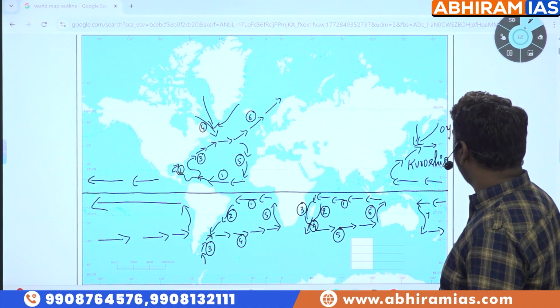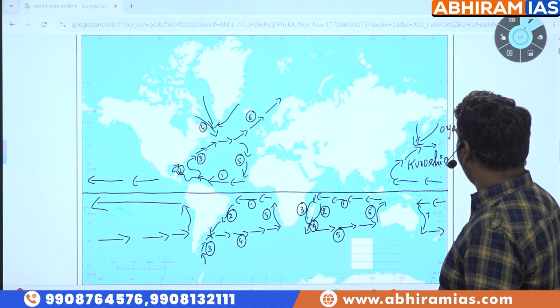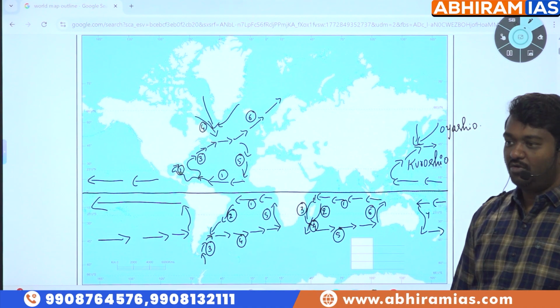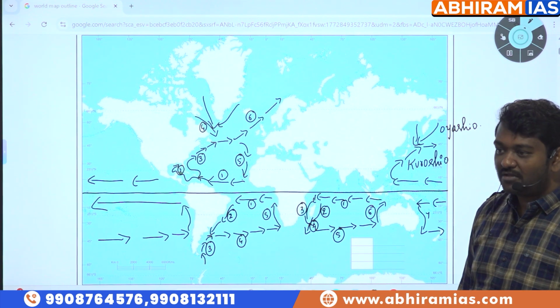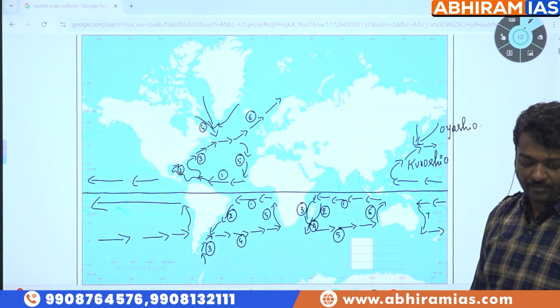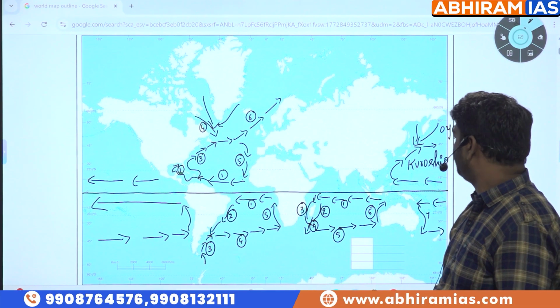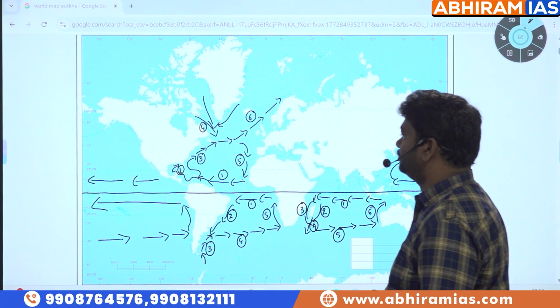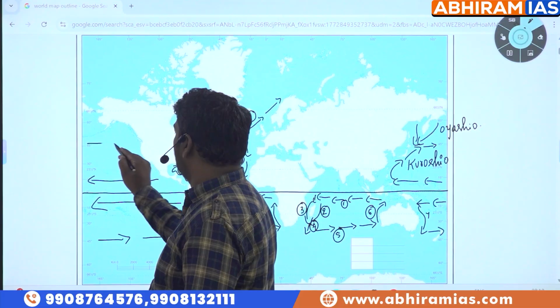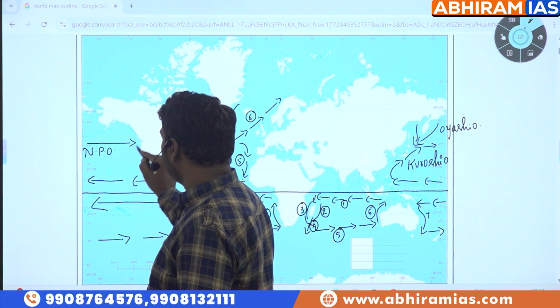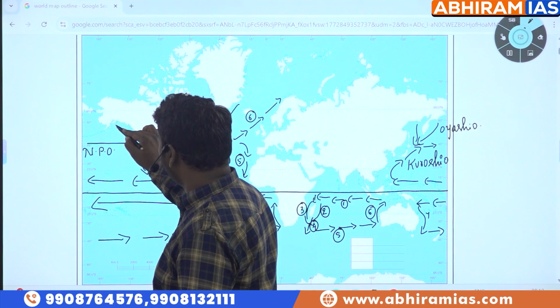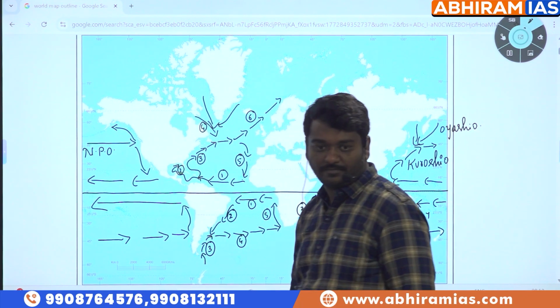What is this called? Oyashio. You have Kuroshio, Oyashio. In which ocean? North Pacific Ocean. Here it is called North Pacific current. One branch comes down, another branch goes above.